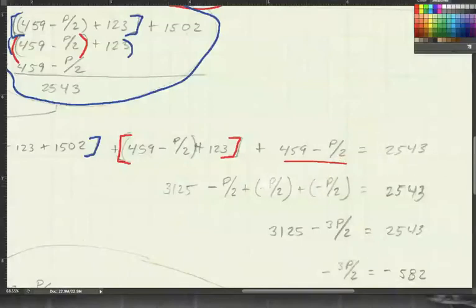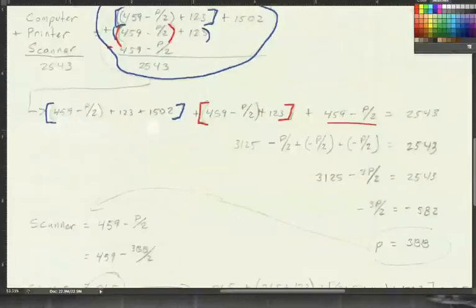So what I'm going to do is start adding all the numbers up together. Let's see, I'll get purple. I take that, plus that, plus that, plus that, plus that, and plus that. And that's all going to equal 3125.